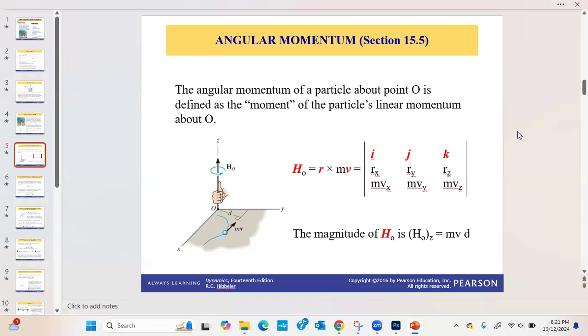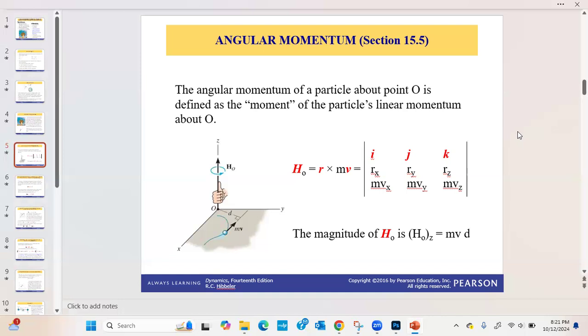If we struggled finding that perpendicular distance, and we did this in statics, then we would find a position vector from the point about which we're taking moments to anywhere along the line of action of that force. And we called that position vector R. And then when we took the cross product of that position vector with the force vector, we were given the moment vector, which was perpendicular to the plane in which the force was moving and went through that point.